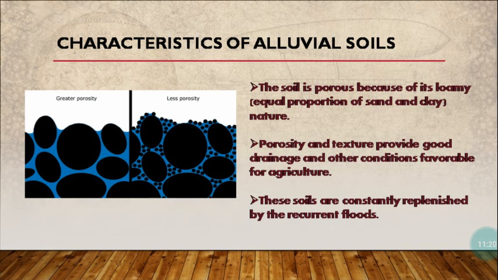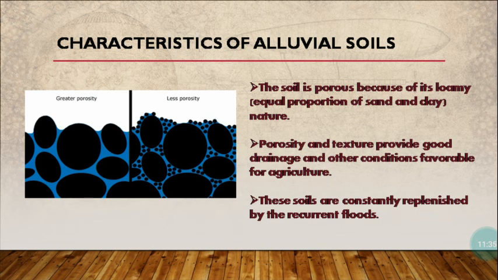When a soil is porous, it is very good because easily the air and the water can go inside the soil. So in the alluvial soil we can see that the soil is porous.